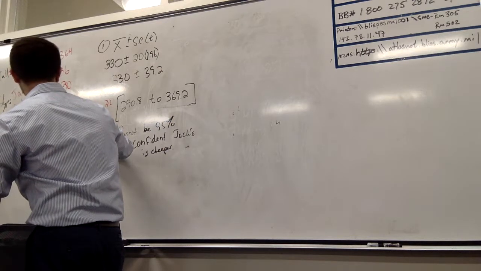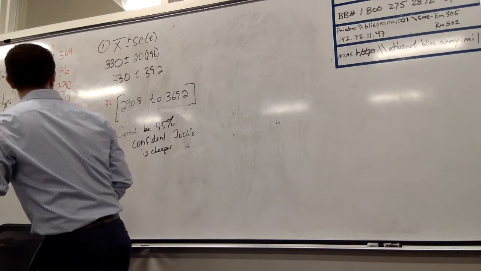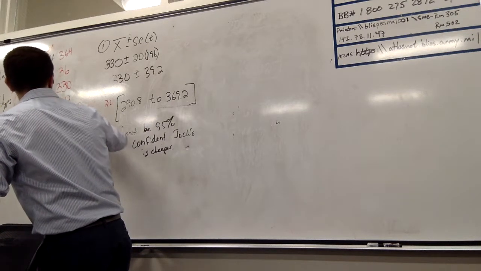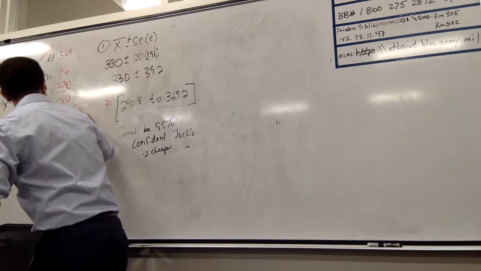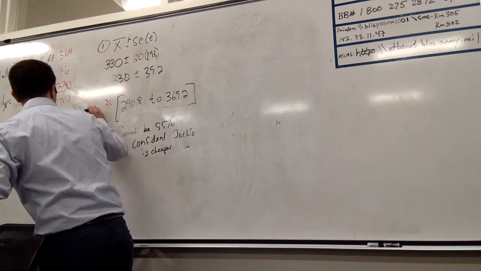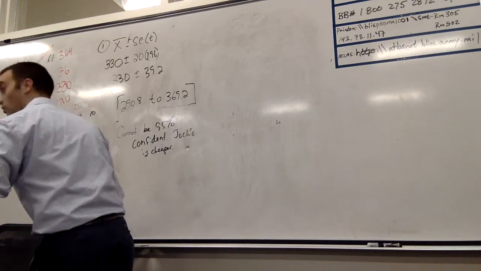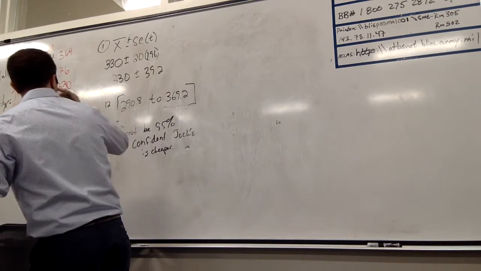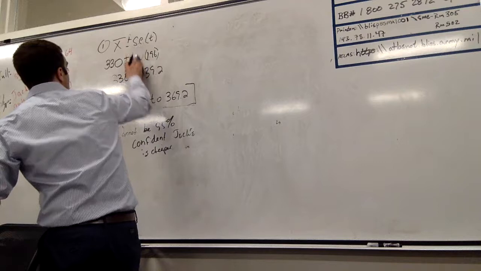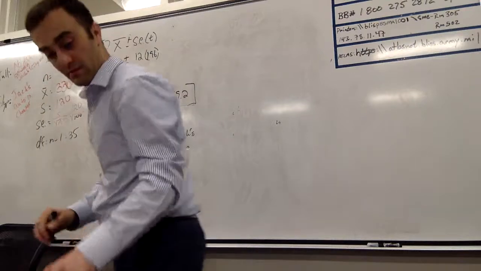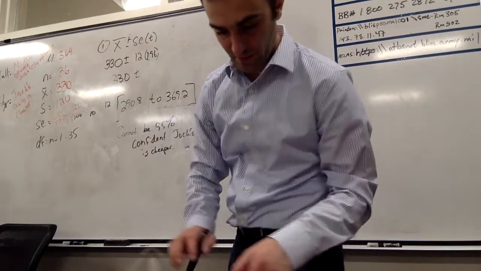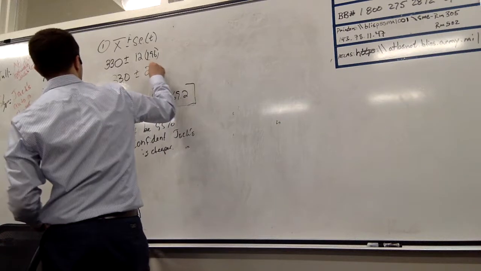So let me think about this. So 120. Trying to see if you could get the n to be really, really tiny. Look. If your n was up to 100, then you'd have 120 over 10, which would be 12, right? And then you would change this multiplication to 12 times 1.96, which is 23.52.